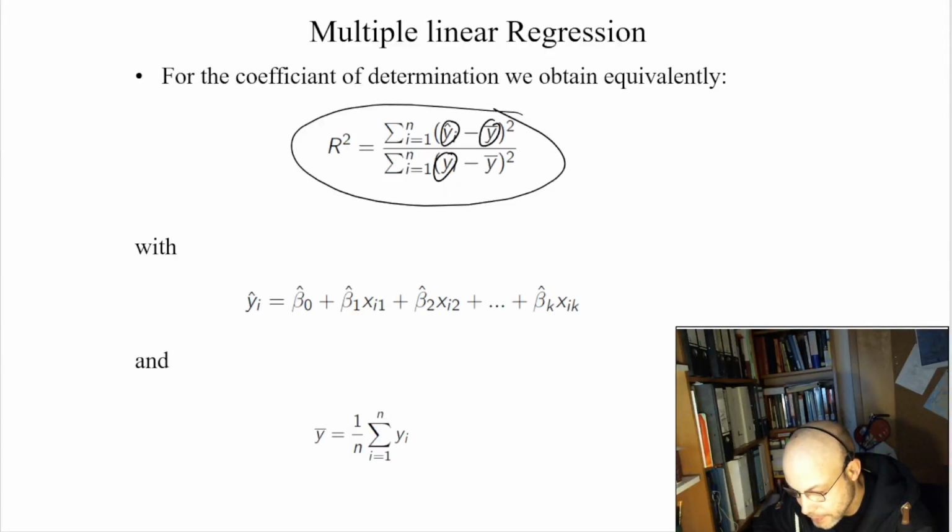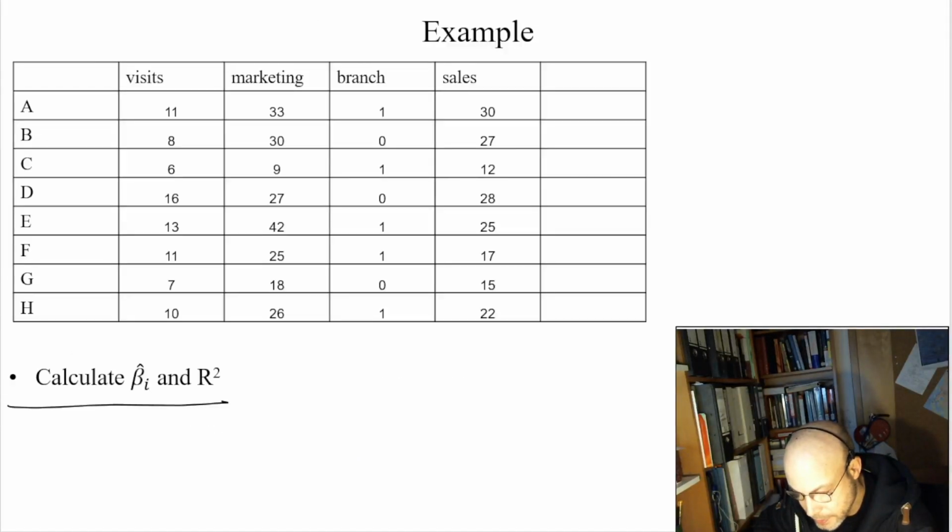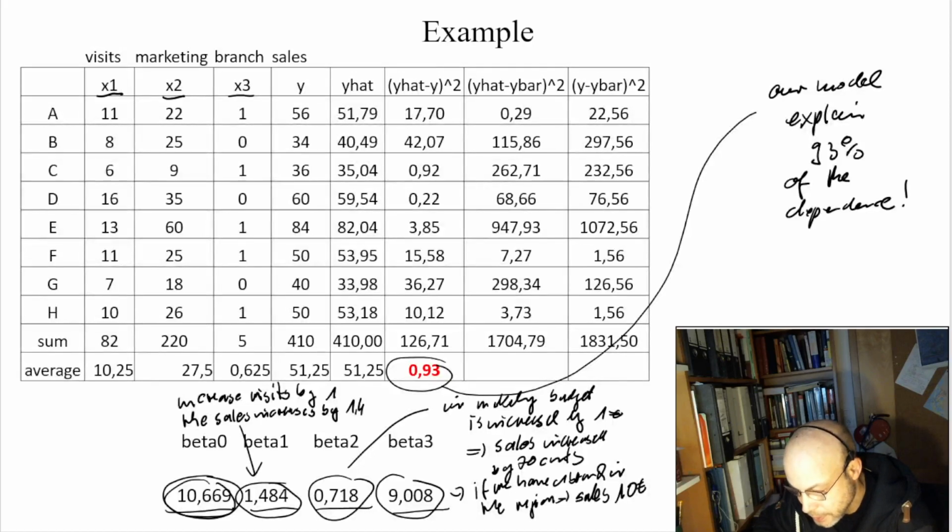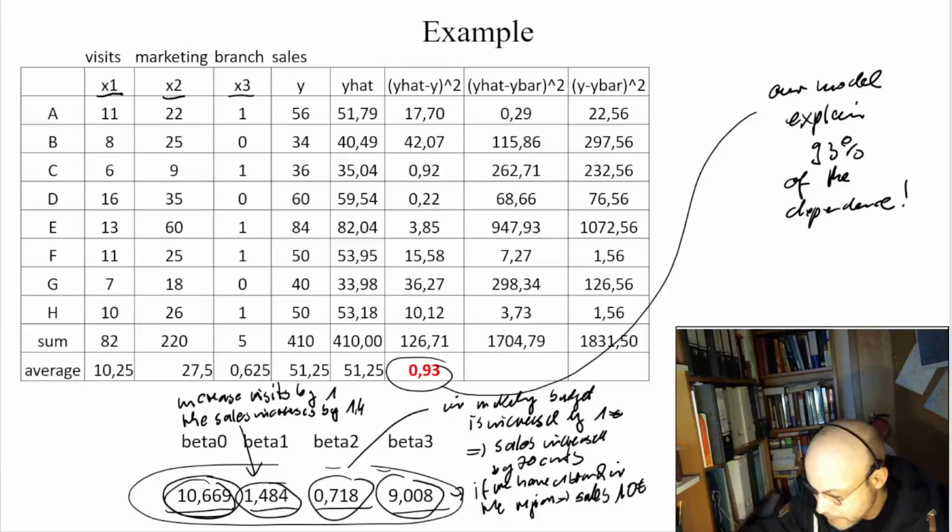But still, and this we have to admit, when we then calculate it, where do we have it? Here, our regression parameters and also our coefficient of determination.